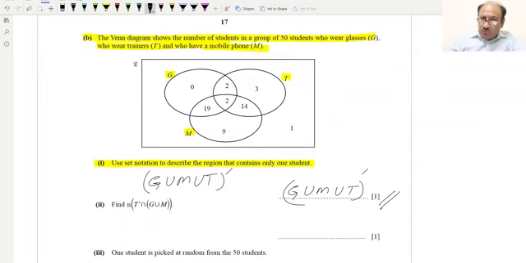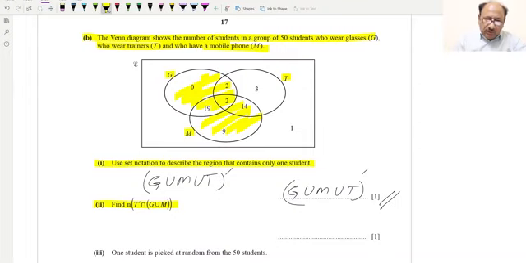Hopefully you understood this. Second part, find n of T complement intersection (G union M). So G union M will be this portion and this portion, and they're saying intersection with T complement.